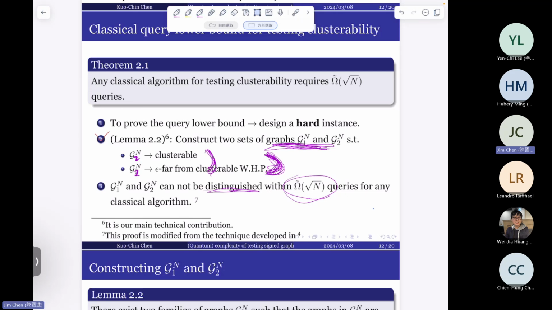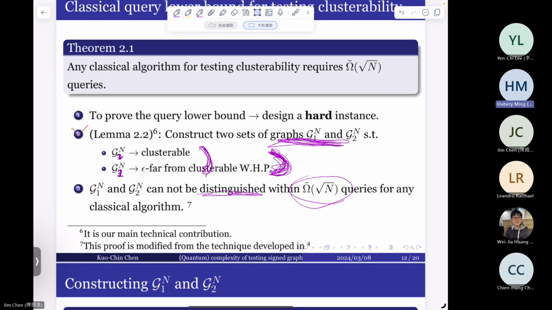Yes. The algorithm can be applied to any such graph, and in order to derive the classical query lower bound, we consider a hard instance which contains two families of graphs. So there are two results: one provides such a hard instance, and the other proposes an algorithm that can test clusterability for any such graph. I see. Okay, thank you.